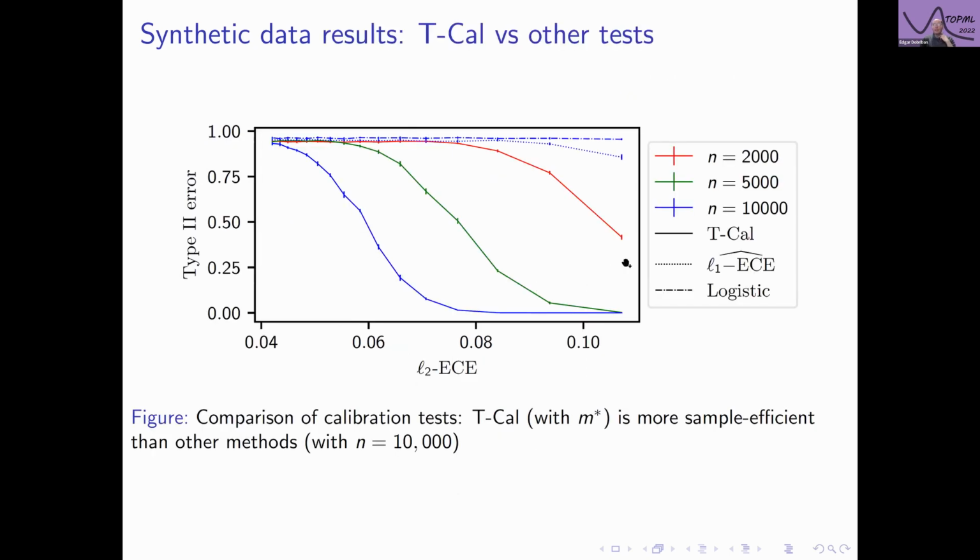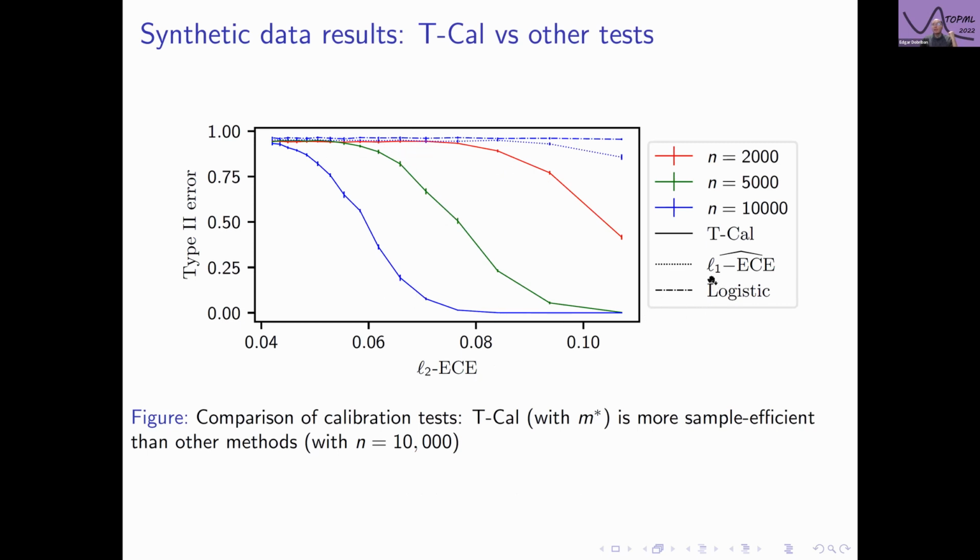And our first experimental result here shows, as a function of signal strength, the L2 ECE, the type 2 error, which is the probability of not detecting miscalibration. The smaller is better. So here we see in solid line our TCal method with several different sample sizes, 2,000, 5,000, 10,000, and it gets better with increasing sample size.